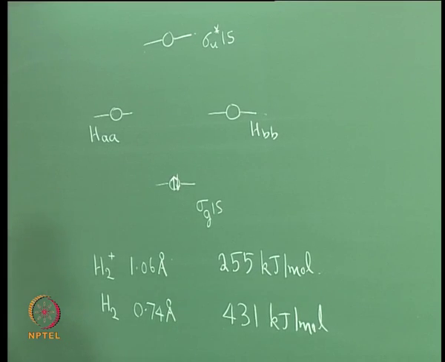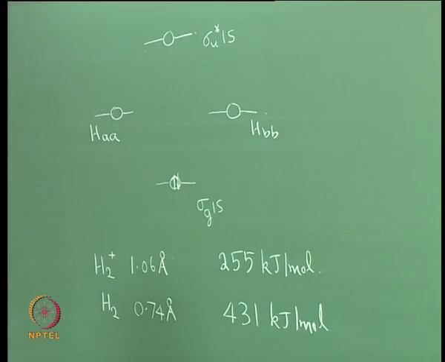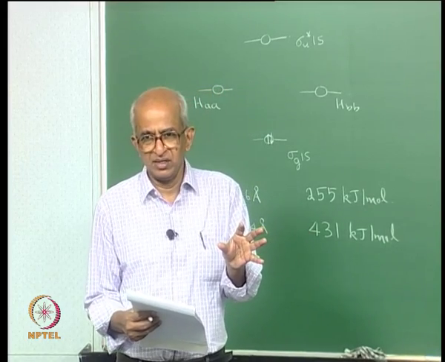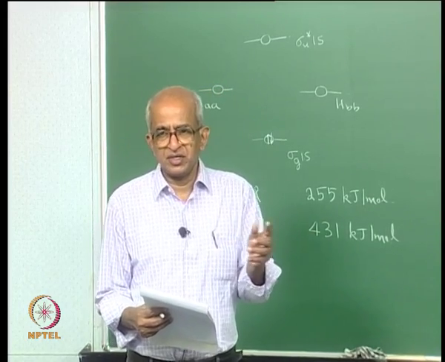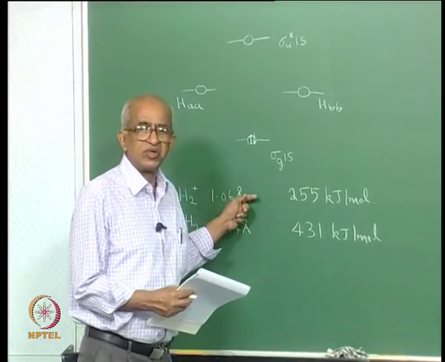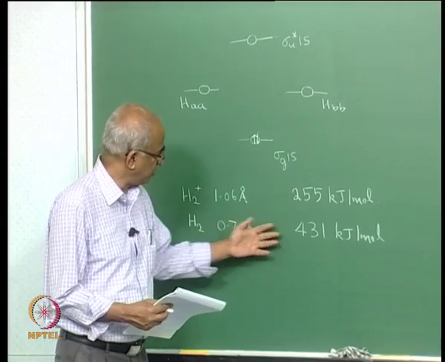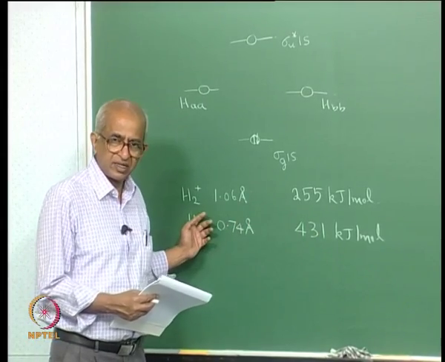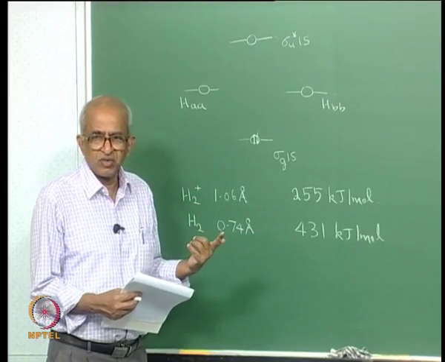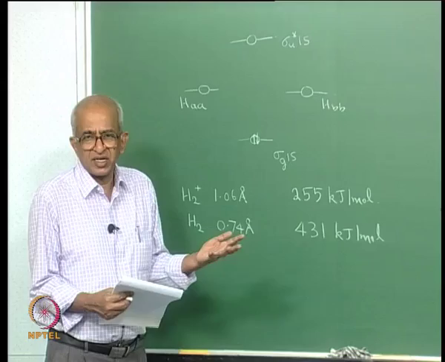And as you would know, a chemist will say that there is a single bond between the two hydrogen atoms in the case of H2 molecule. If that is the way it is, in this case, how many bonds would you say? The answer is that there are two electrons forming the bond in the case of hydrogen molecule. In the case of H2 plus, there is only one electron, so you would expect that it is something like half a bond.